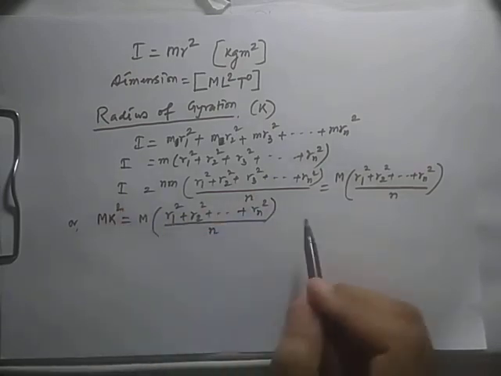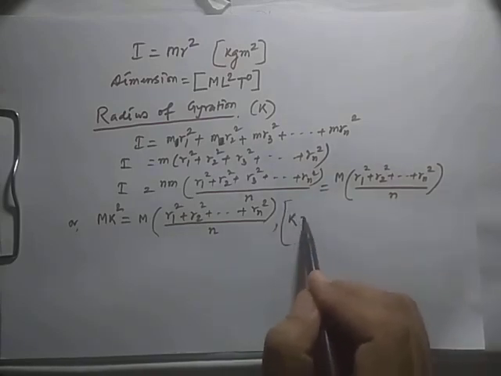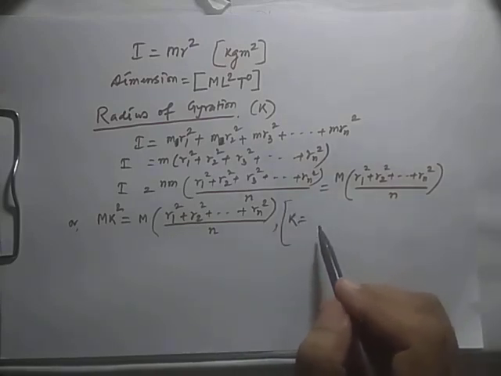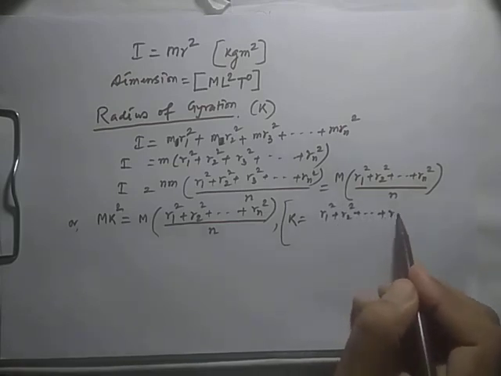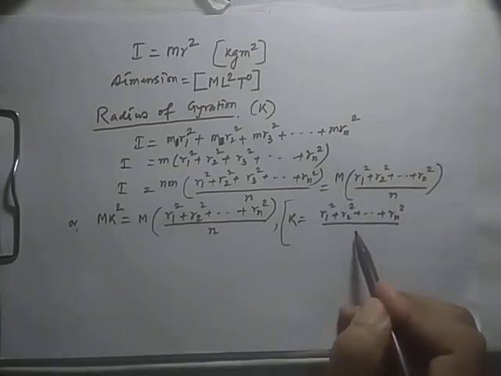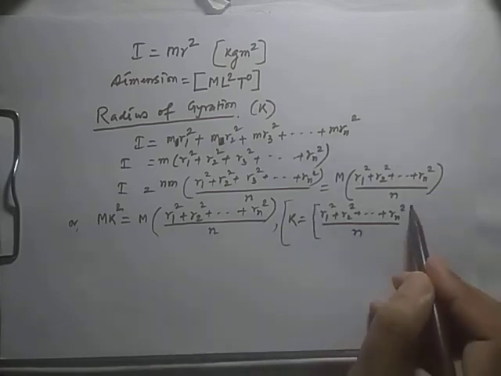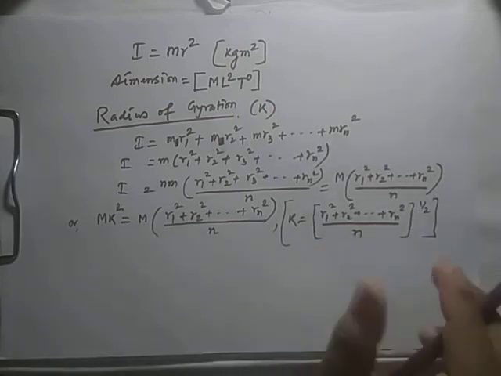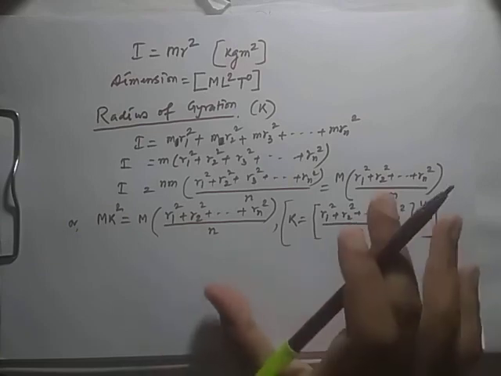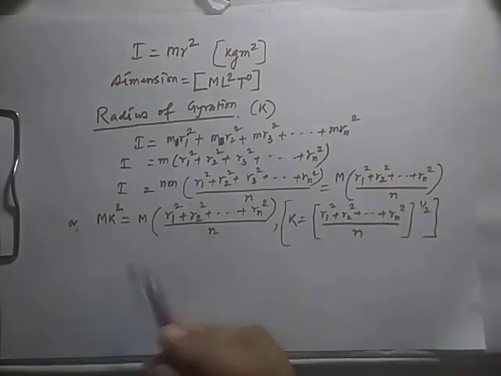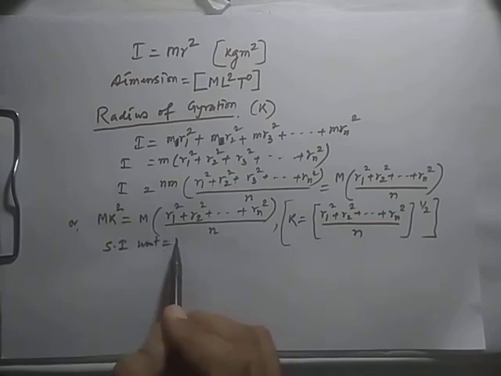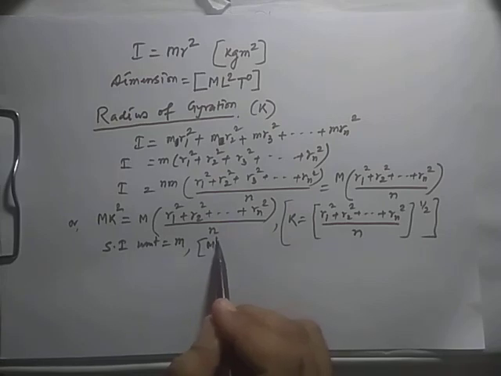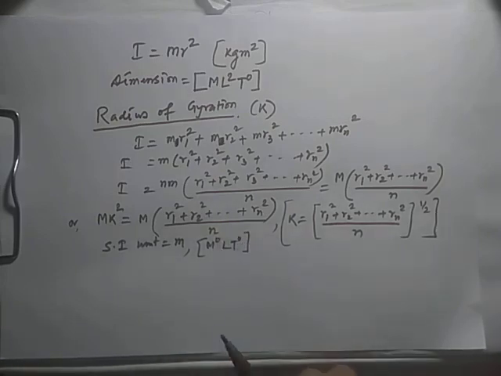So K will be how much? You can write from here, K is equal to root over r1 square plus r2 square and so on up to rn square by n. That is known as the radius of gyration. As it is a radius, the SI unit will be meter, and the dimension will be M0 L T0.